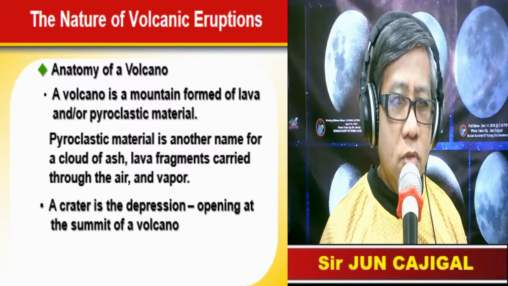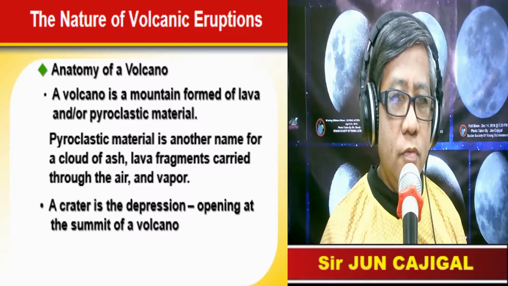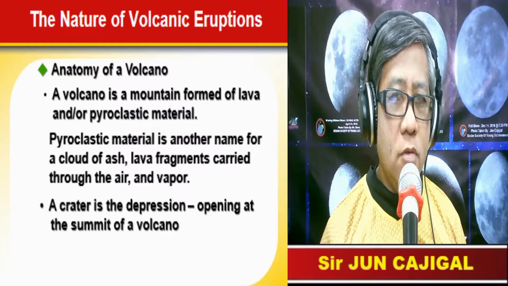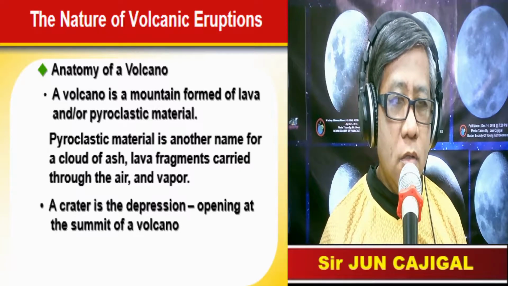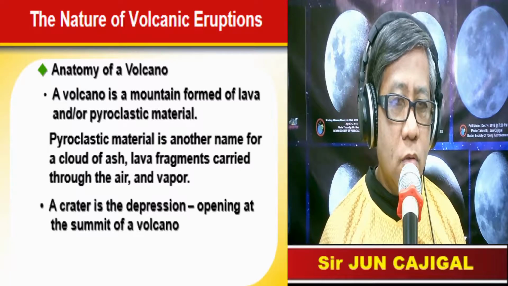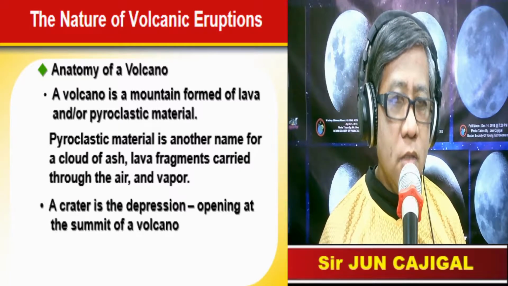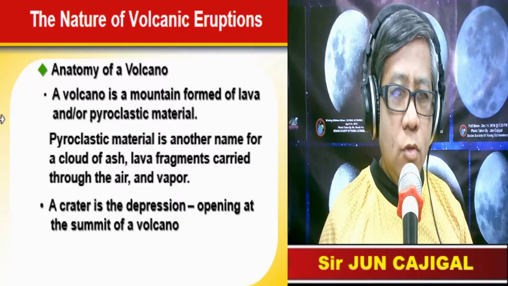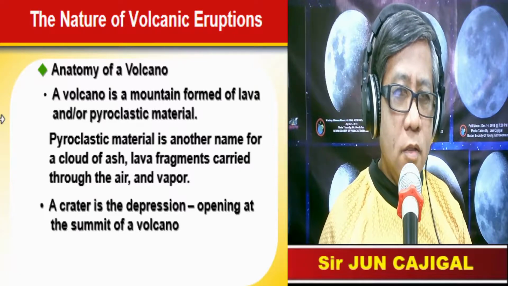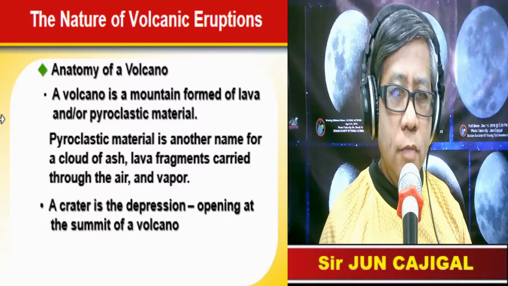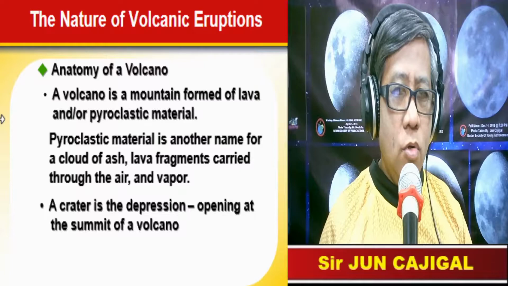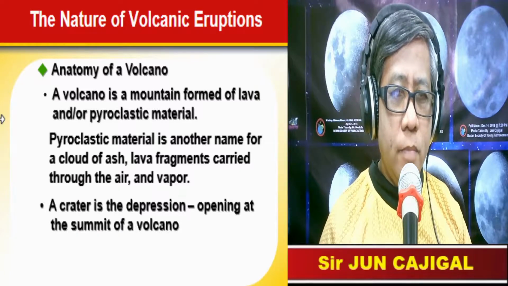Alright, and also this specialized mountain has an opening which we call a crater. Now, a crater is a depression or an opening at the summit of a volcano. This opening at the summit is connected to a tube-like structure called a conduit or pipe.